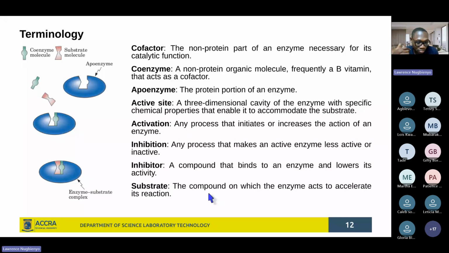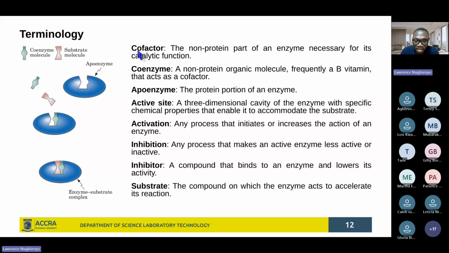When you come to chemistry, biology, and specifically we are doing biochemistry, and now this is enzymes, there will be some terminologies we'll be using, which you should understand, so that as we go forward, when we mention these things, you know what we are referring to. The first is cofactor.